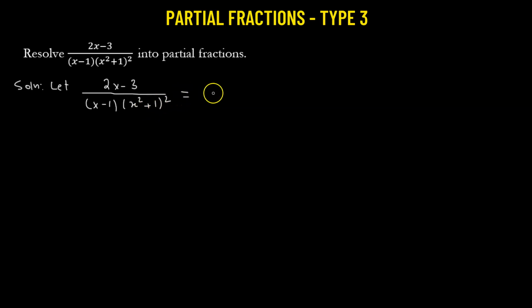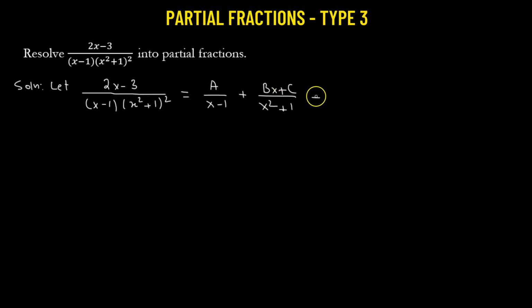So let us suppose those 3 partial fractions be A over x minus 1. This is going to be the first partial fraction, followed by the next one, which is Bx plus C divided by x squared plus 1. The reason why we're considering Bx plus C is because x squared plus 1 is a quadratic factor.